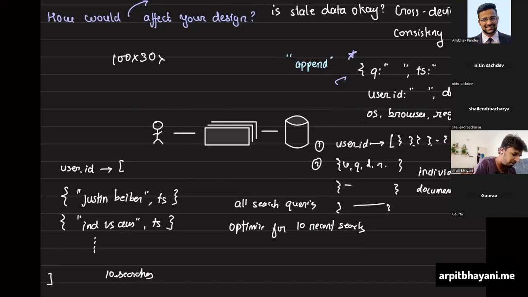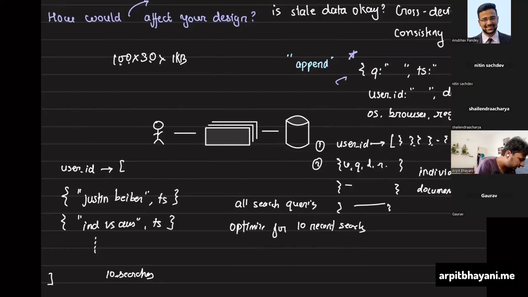Each search document would have at least 1 KB of overhead, right? Which means each month, one user is creating 3,000 into 1 KB, which is equal to 3 MB of data per user per month.